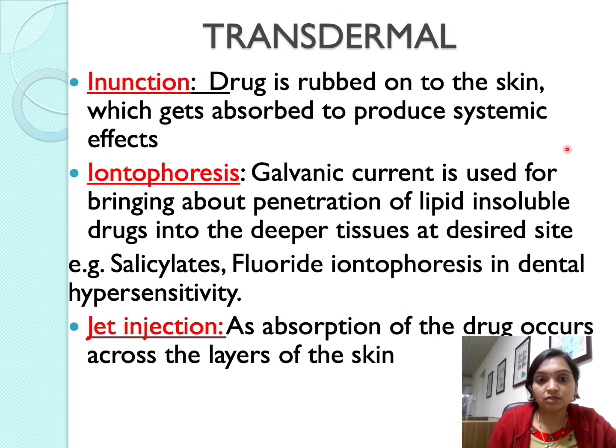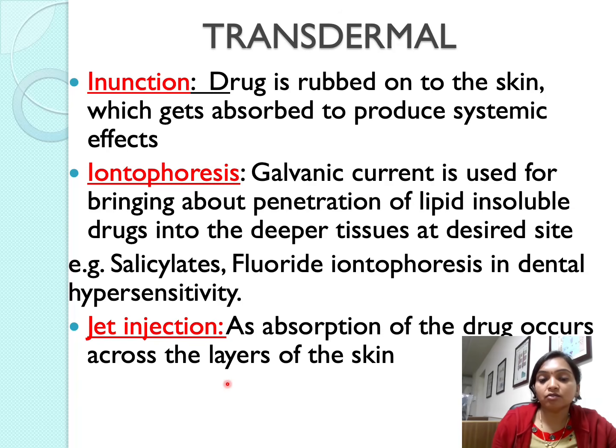There are a few different routes of transdermal. Inunction means the drug here is applied on the skin by rubbing. Okay, inunction, that is rubbing for systemic absorption. Iontophoresis, a galvanic current is used here to improve the penetration through the skin.